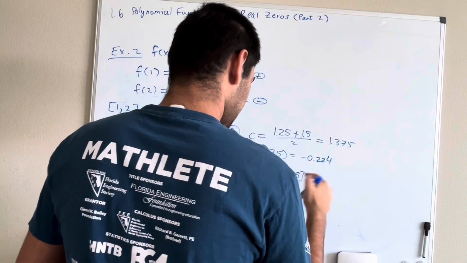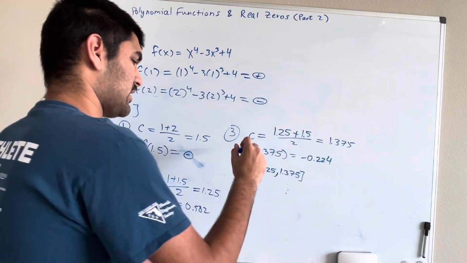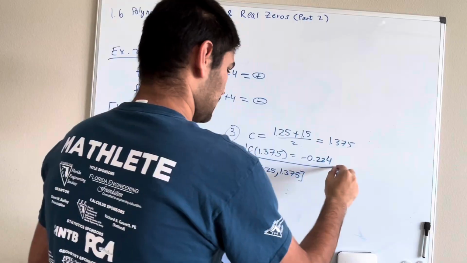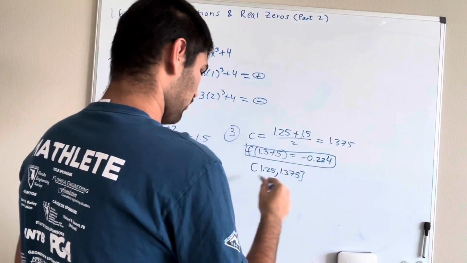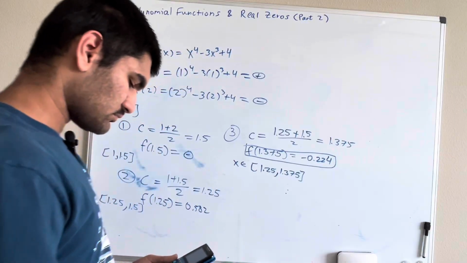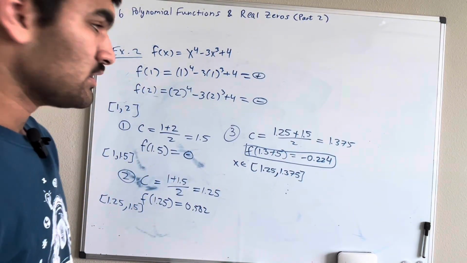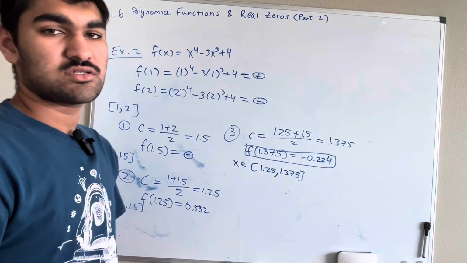And like I said, for our purposes, 3 iterations is good enough. But yeah, our 0 is approximately negative 0.224, and it lies in this interval, right? So x is in this interval. Okay, good. So yeah, that's pretty much it for this section.